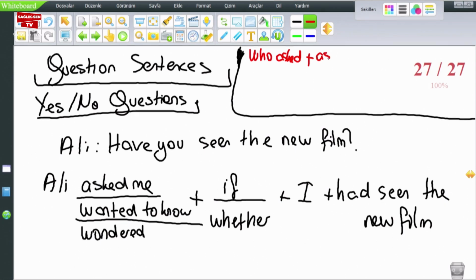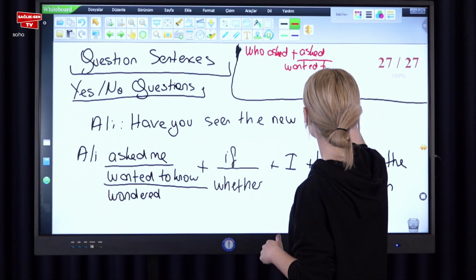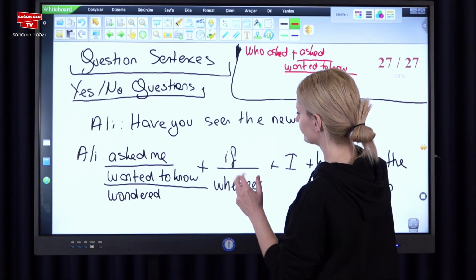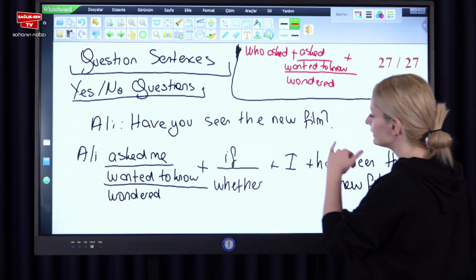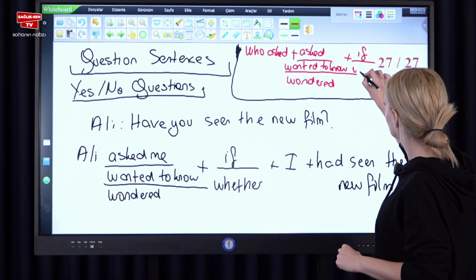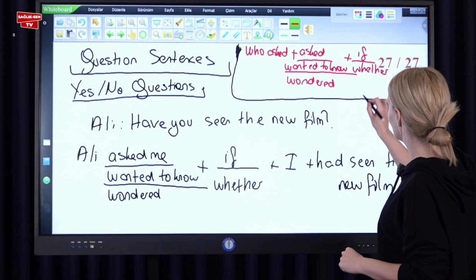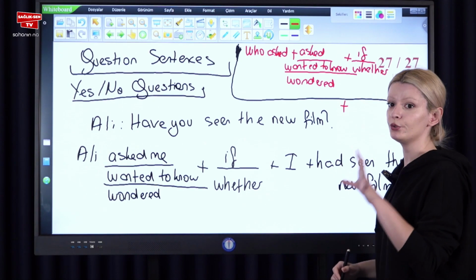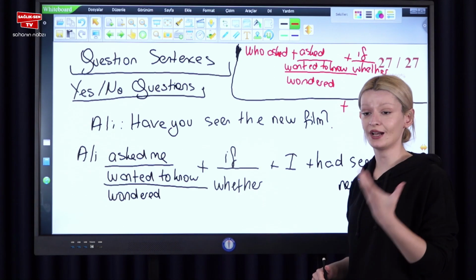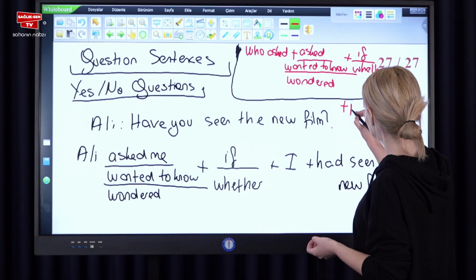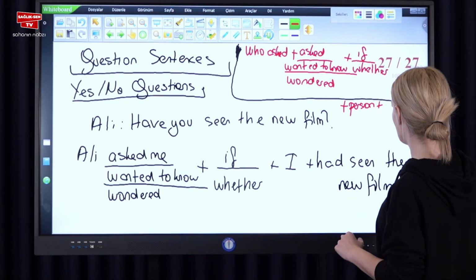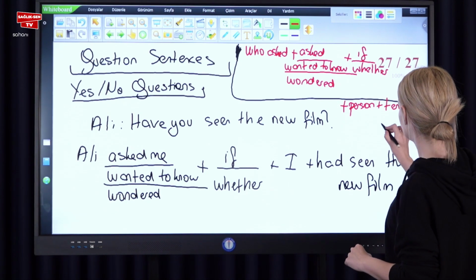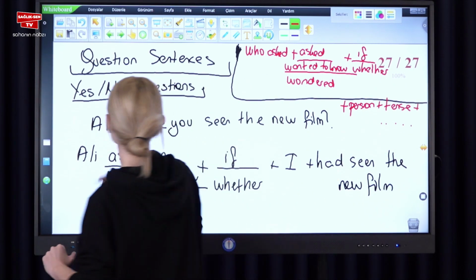Then I can say asked or wanted to know or wondered. Then I will use if or whether. Then who the question is directed to. One tense past and the rest of the question.